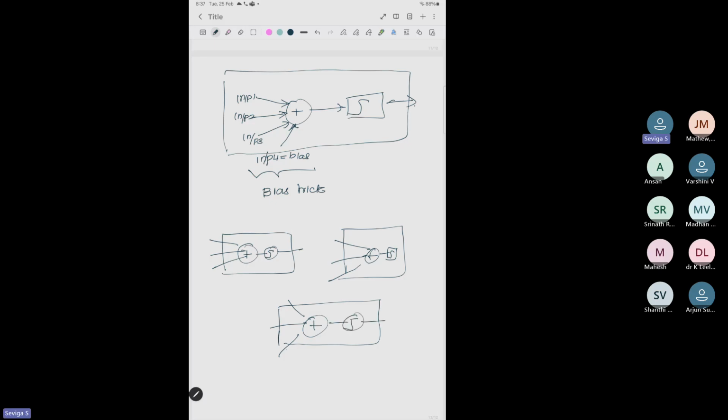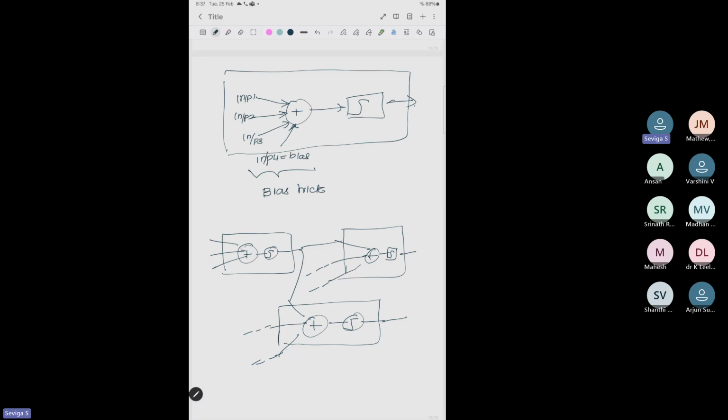The output of this neuron can be connected to this one. Output of this neuron can go from here. These dotted lines show that the output is coming from elsewhere. So like this, we can have the interconnection of all the neurons. Output of one neuron goes as an input to the other neuron.